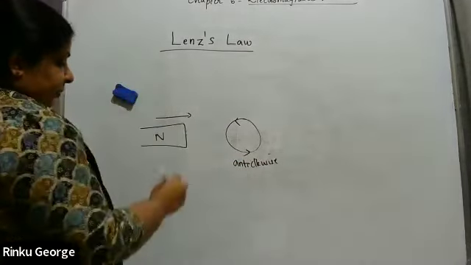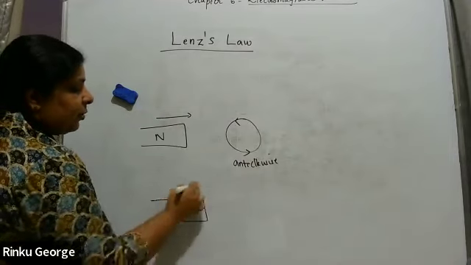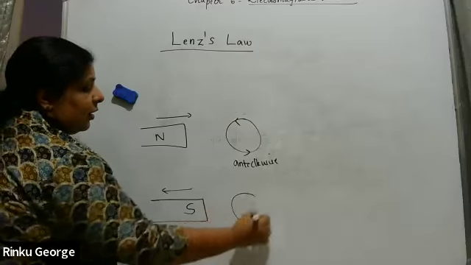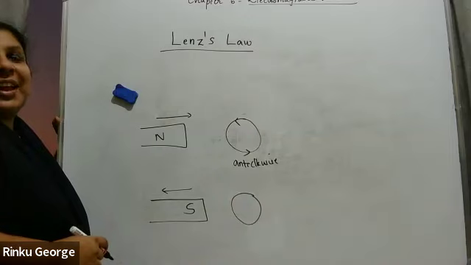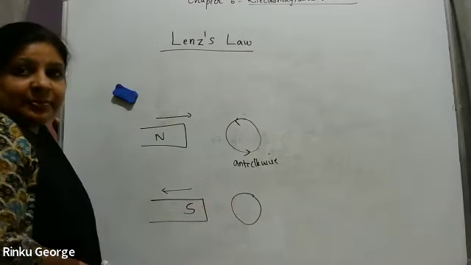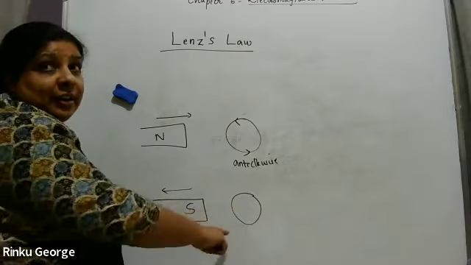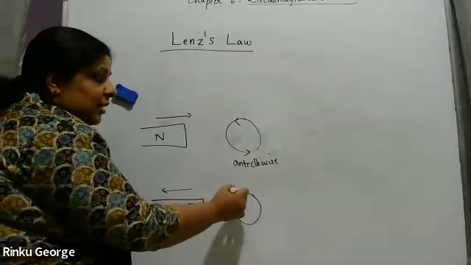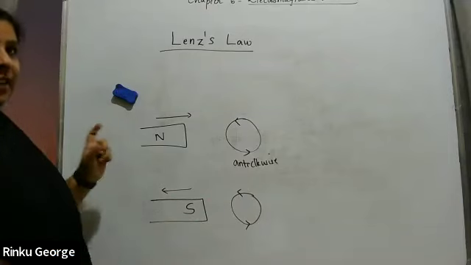Now, if South Pole is moving away from the coil, Adib, tell me. So here what should be created? North. It will try to attract. So it will be north. North means again anti-clockwise, right? Correct. Now you know the concept.